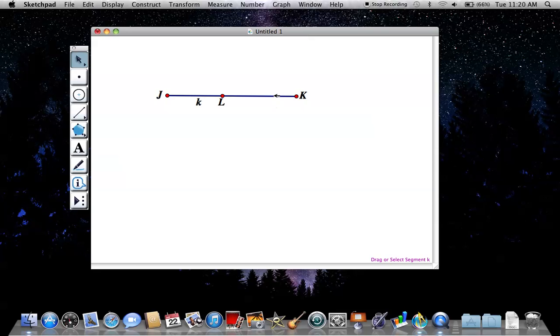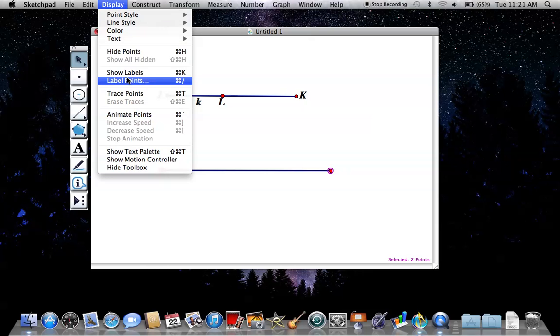Now, J and K are what we call endpoints, because they are the end of the segment or the end of a ray. A ray is basically part of a line, and it has an endpoint. So I'll extend out and label these points.